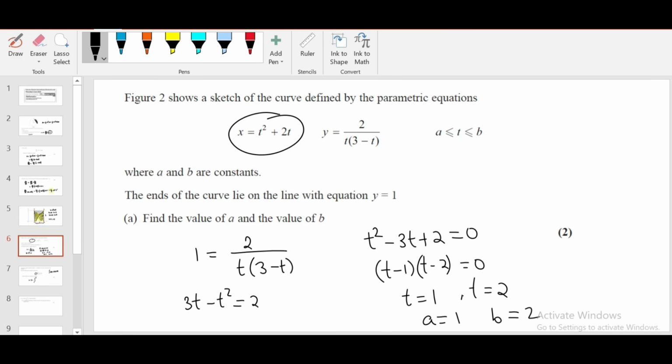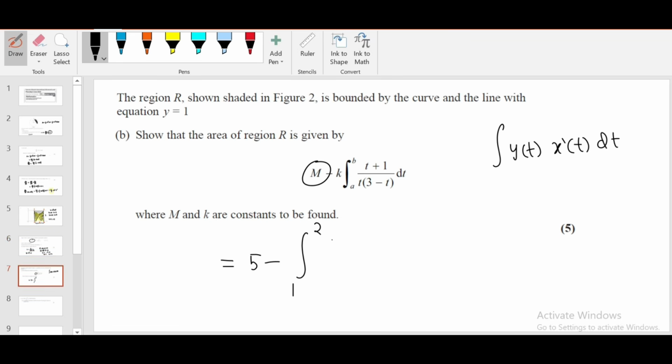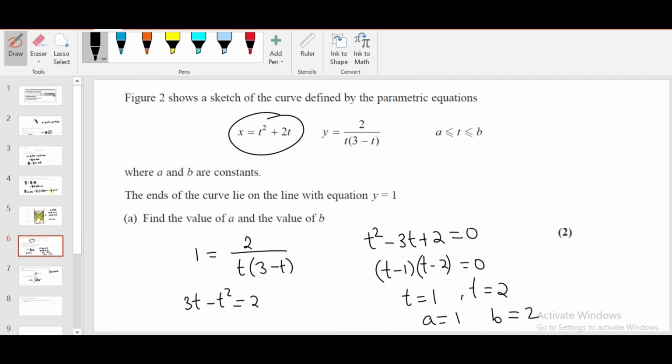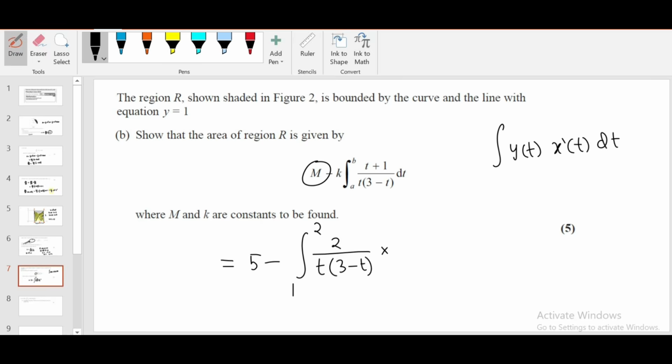So you need to take y as it is, 2 over t times 3 minus t, times you have to differentiate x, differentiate this, you'll get 2t plus 2 actually, 2t plus 2 dt.